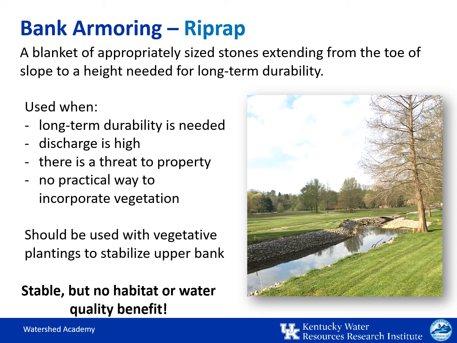And that's when it's used, when you really need a long-term solution, when the discharge is very high and provides a threat to properties, and there's no real practical way to incorporate vegetation. This should be used with vegetative plantings in order to stabilize the upper bank areas. But again, when you use this technique, you may have stable banks, but you don't really have any habitat or water quality benefits that are added by the riprap.